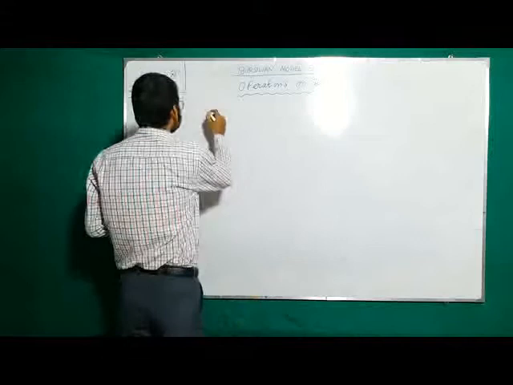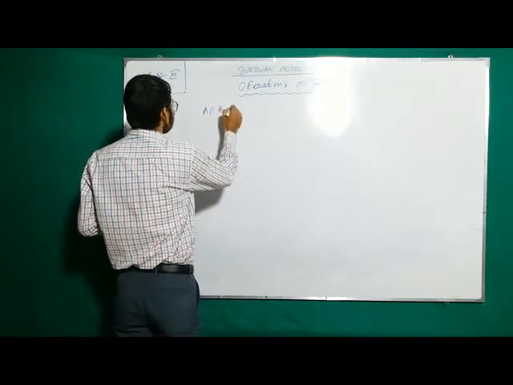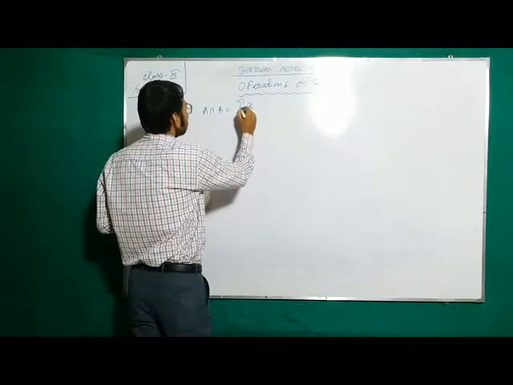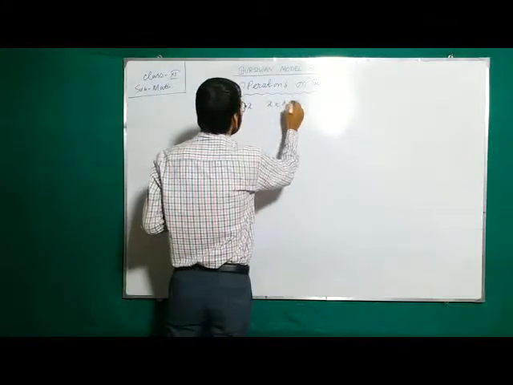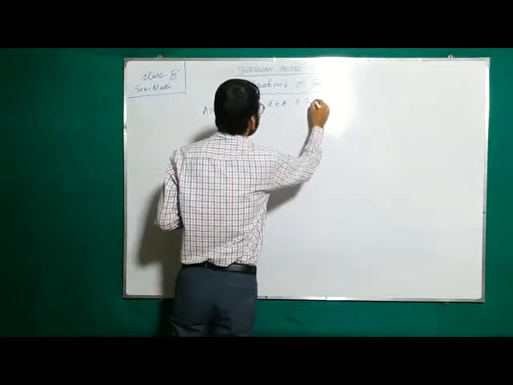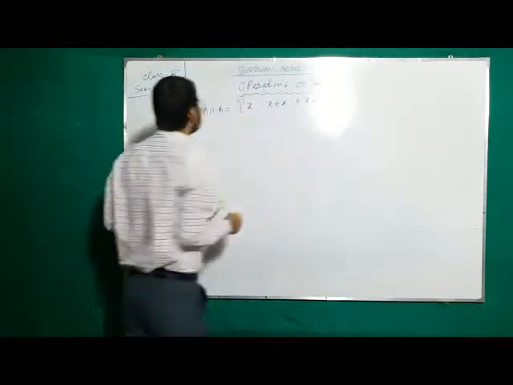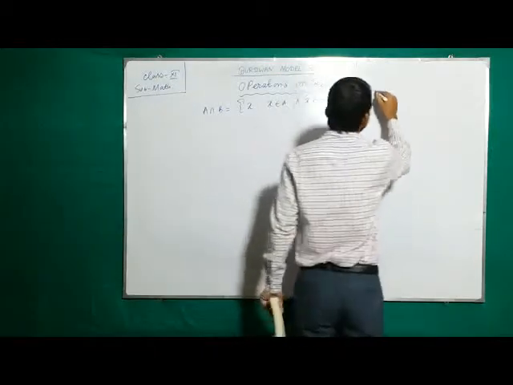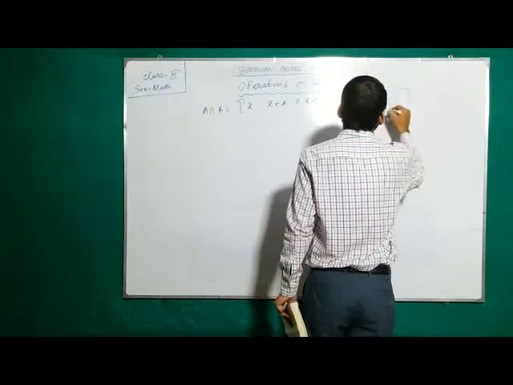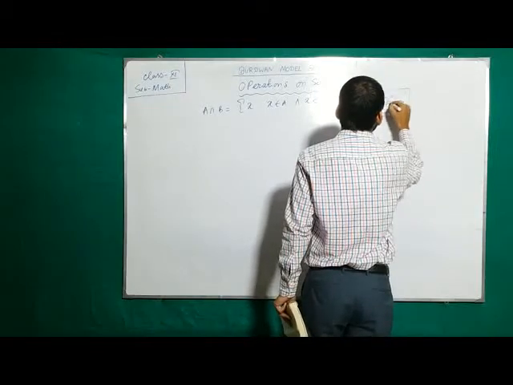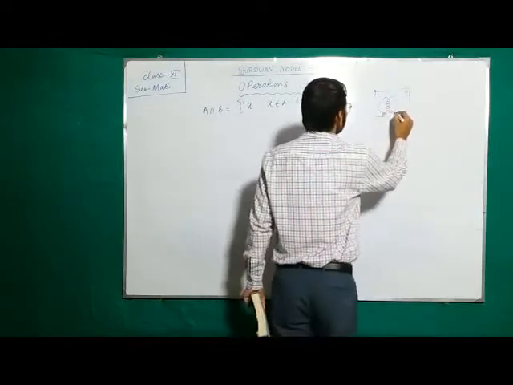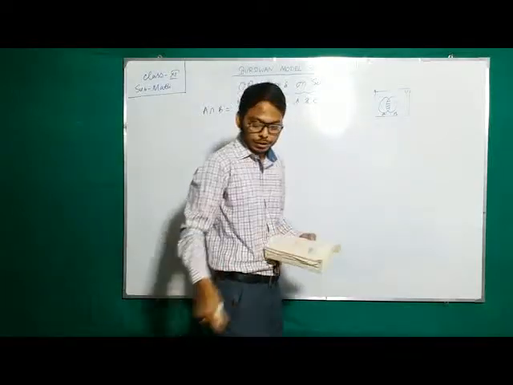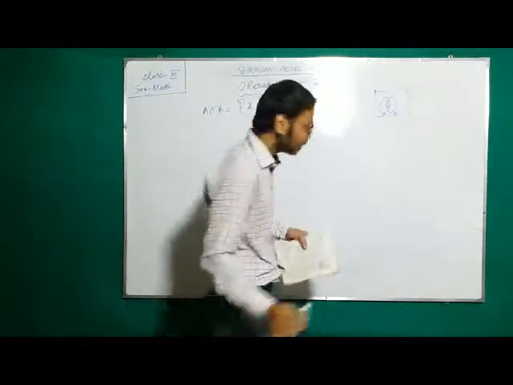A intersection B contains those x such that x belongs to A and x belongs to B. That means the common portion. A intersection B means the common portion of A and B in the Venn diagram.